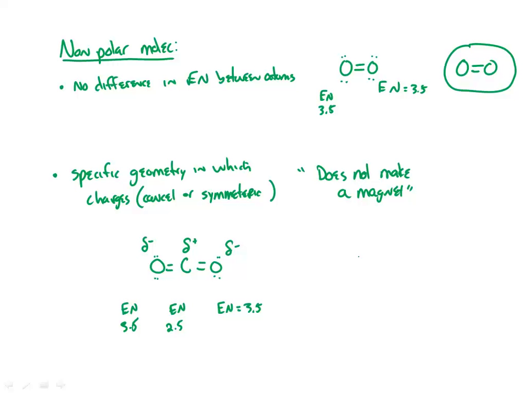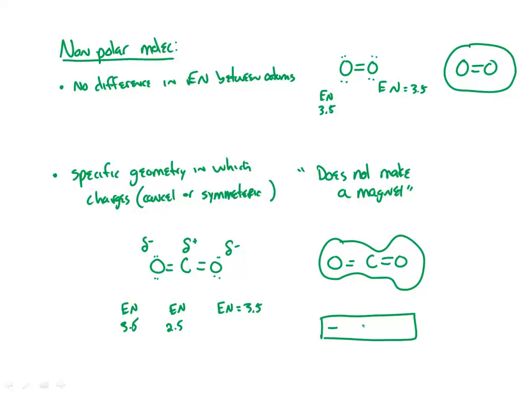If I take a look at that molecule and the electron density, a little bit more, a little bit less, a little bit more. But if I think about it in terms of a magnet, have you ever seen a magnet that has two negative ends and a positive end in the middle? Yeah, it does not exist, right?